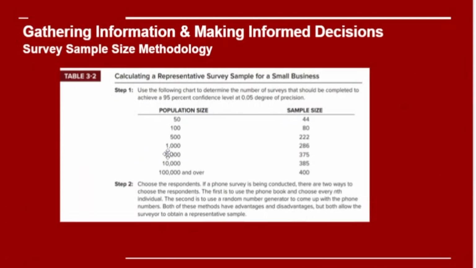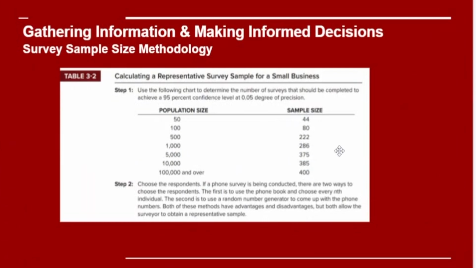So in order to look at a population sample size that you would need, if your population is 50, the sample size is 44. Wow, that means you'll need a lot of your population. If your population, say for example, in Clarenville is around 5,000, well, you need to be able to collect 375 surveys. So it's still a lot of work.